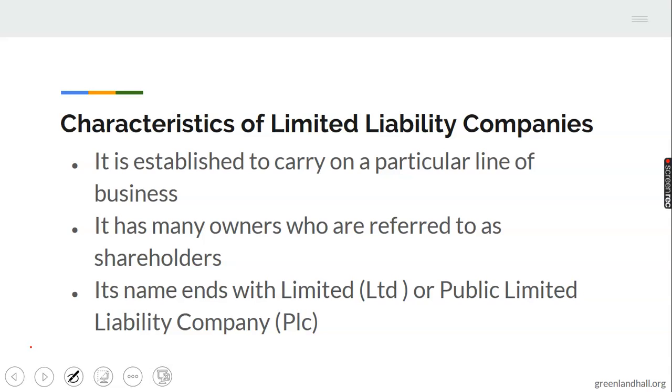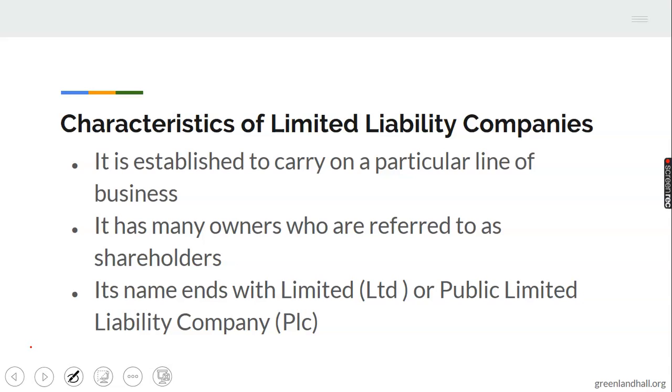Furthermore, it is established to carry on a particular line of business. That is, there's a particular objective that particular company is established to achieve. It could be to produce a particular product or to render a particular service. In addition, it has many owners who are referred to as shareholders. So there are many people that have contributed towards its capital, and these people are referred to as the shareholders.